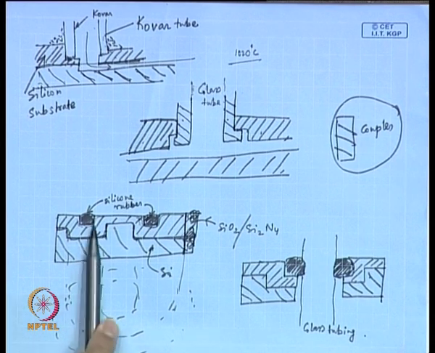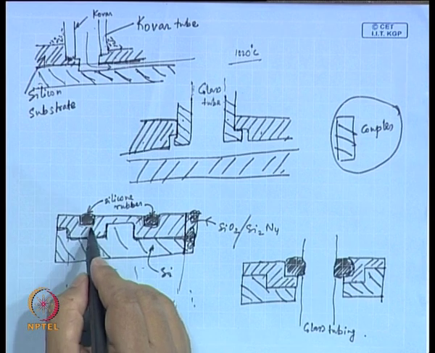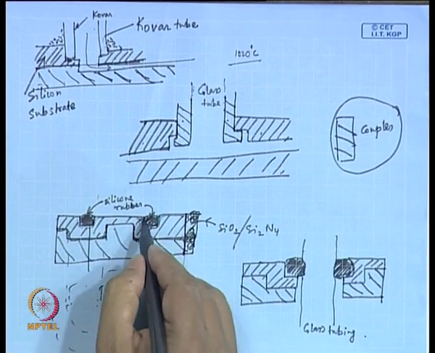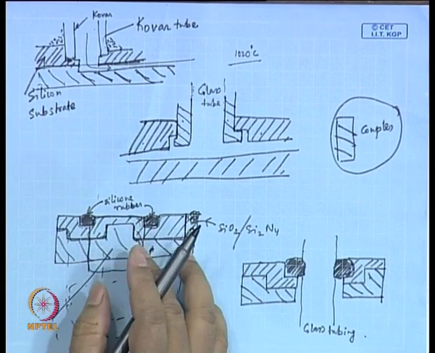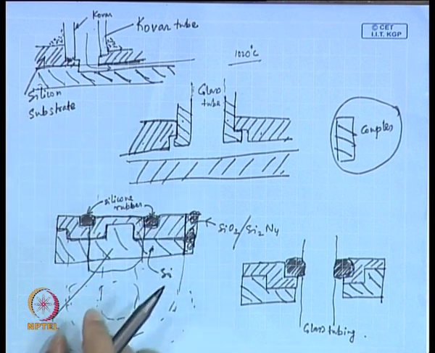Then you open a fluidic access from the back side. That means, you do it by DRIE, deep reactive ion etching. So, you cut off this portion, you remove this portion altogether, you etch it out. I mean, you are basically using a dry etching technique to take out this material.